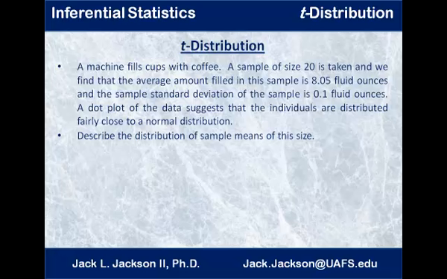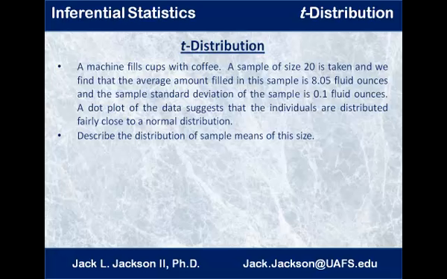It doesn't have any outliers, and it's not highly asymmetric or anything like that. So it's close enough to normal that a sample size of 20 would suggest that this is going to be a normal distribution for the x bars.